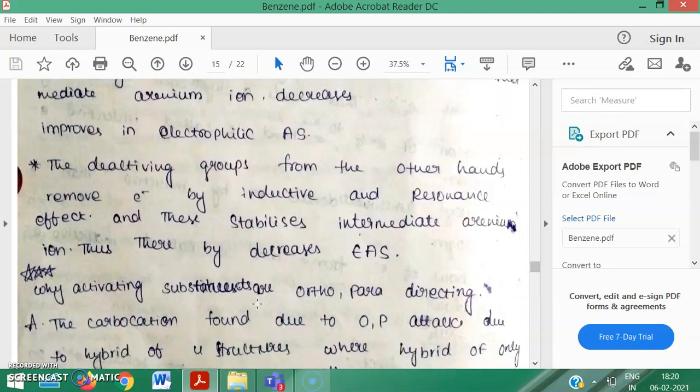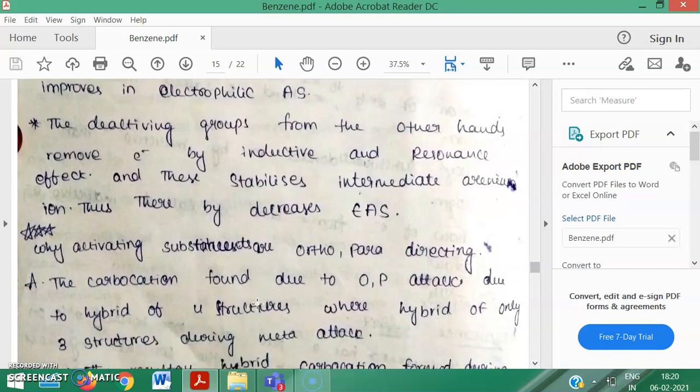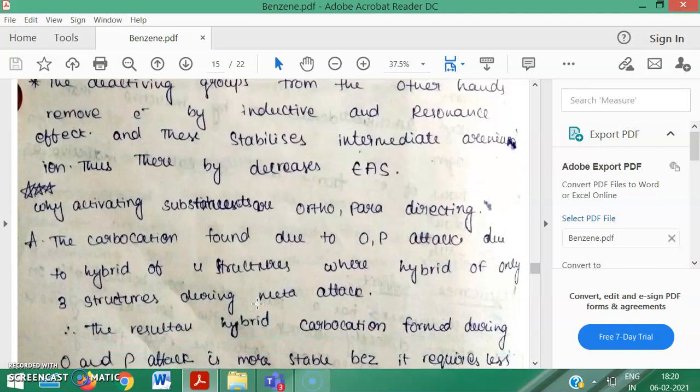Here the question is: why are activating substituents ortho-para directing and why are deactivating substituents meta directing? When a question comes like this, we can answer in this format. Activating groups are alkyl groups, amine, and OH. Alkyl acts by inductive effect.